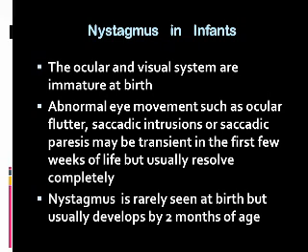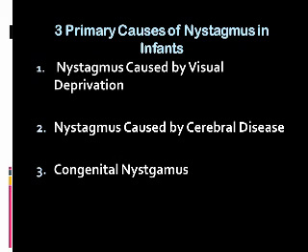Nystagmus is rarely seen at birth, but usually develops by months of age. And when we see nystagmus, we can think of three primary causes in infants. It could be caused by visual deprivation, or by a cerebral disease, or it is congenital nystagmus.